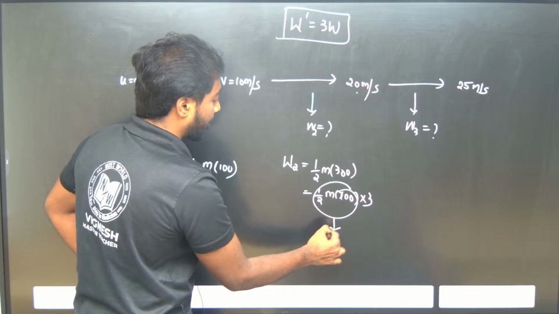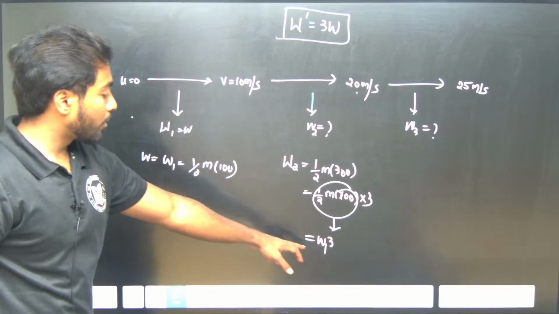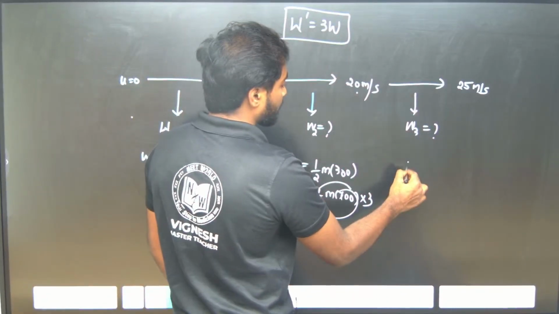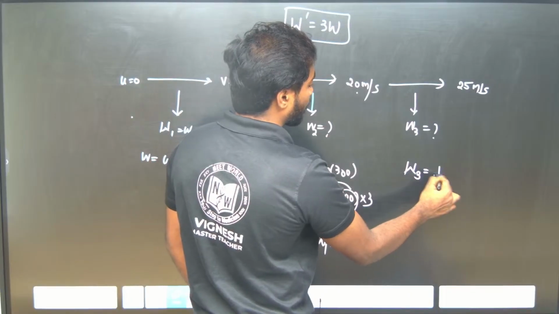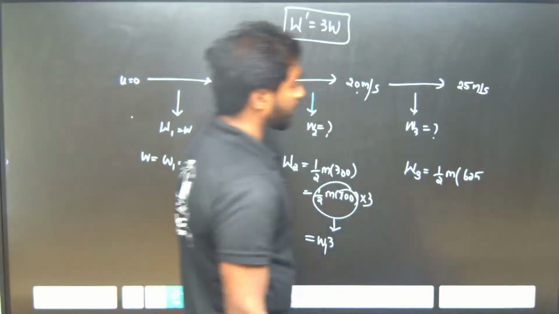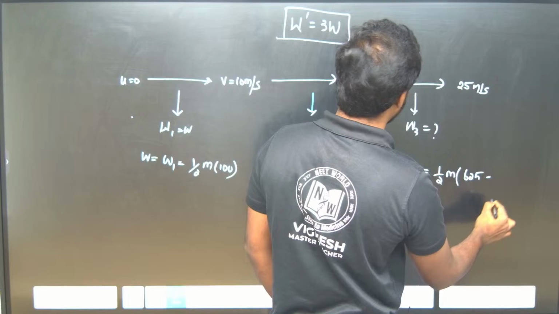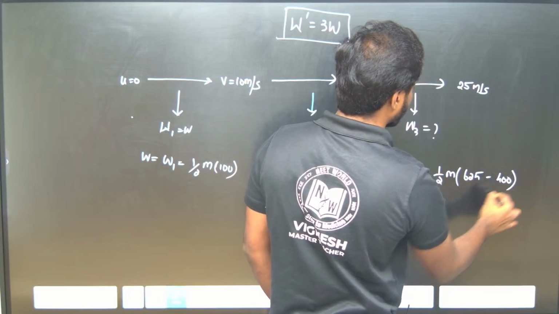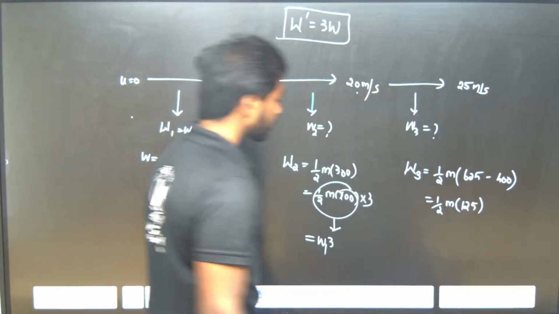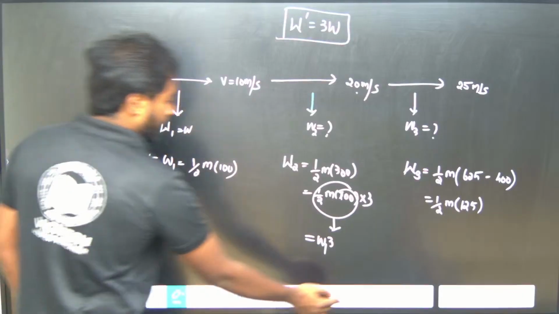This is nothing but W, so W2 is equal to W1 into 3. What about W3? It is nothing but 1 by 2 m into 25 square, which is 625, minus 400. So 1 by 2 m into 125.